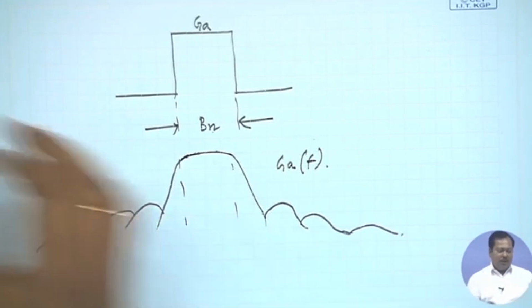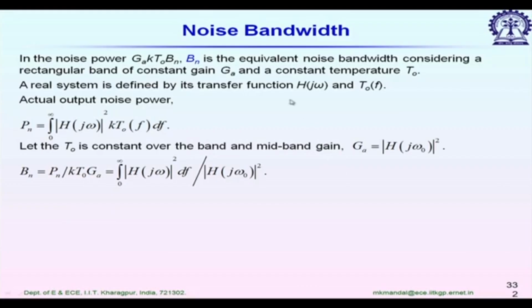There is a way for calculation. For a real system, it will be defined by its transfer function h of j omega, and the corresponding temperature, which previously we considered constant over frequency, but practically should be a function of frequency.